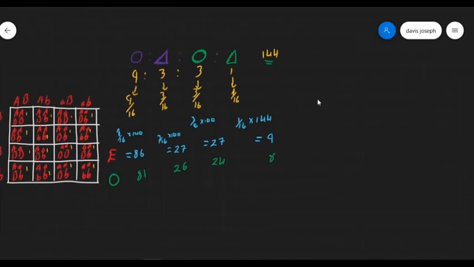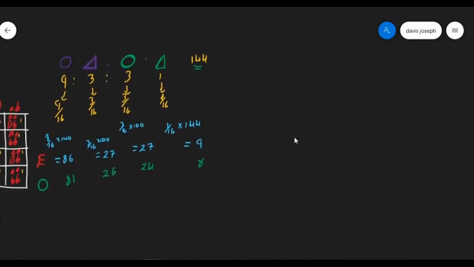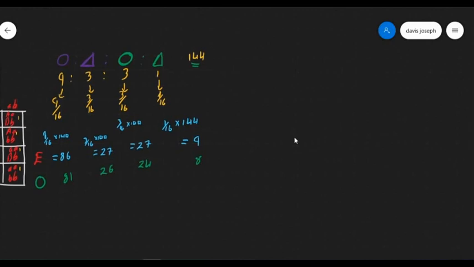So this difference between our observed and our expected values, is it due to some chance, or is it because we made a mistake? We made a mistake in the crossing of the individuals or in our calculation. So we can hypothesize using a null hypothesis.